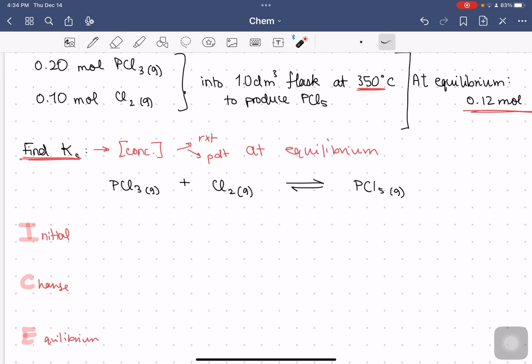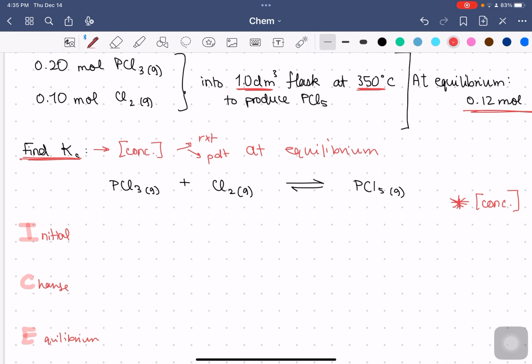So our given tells us that we have 0.20 moles of PCl3. So we're going to write that down. But we need to remember something first. Everything in this chart has to be in concentrations. We don't want to have it in moles, but conveniently, our volume is 1.